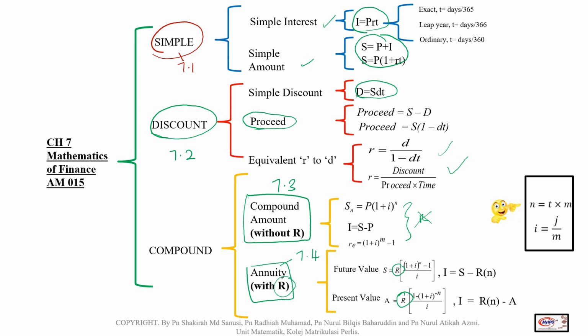So this is how to differentiate the compound amount without R and annuity. How to differentiate between the future value and the present value? Future value is the value that we gain in the future, whereas the present value is the value that we already have. Therefore, this is the rough idea about what we already learned in this chapter.